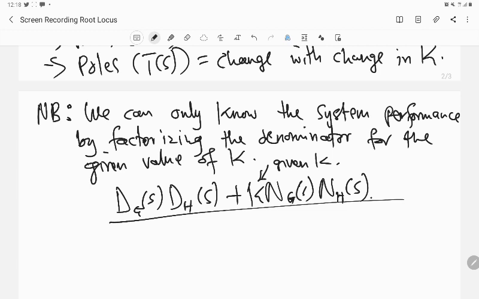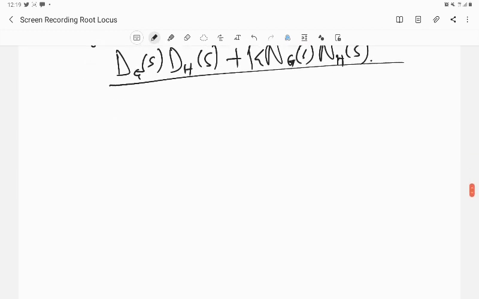So this is the problem we are faced with, and so we look for a simpler system of handling this without having to be factorizing. So if I have, for example, 100 values of k, and I want to know how the system will behave at any of the 100 values, then I need to be plugging in each of the k values, factorizing the system before I will know. Now this is very tedious for higher order systems.